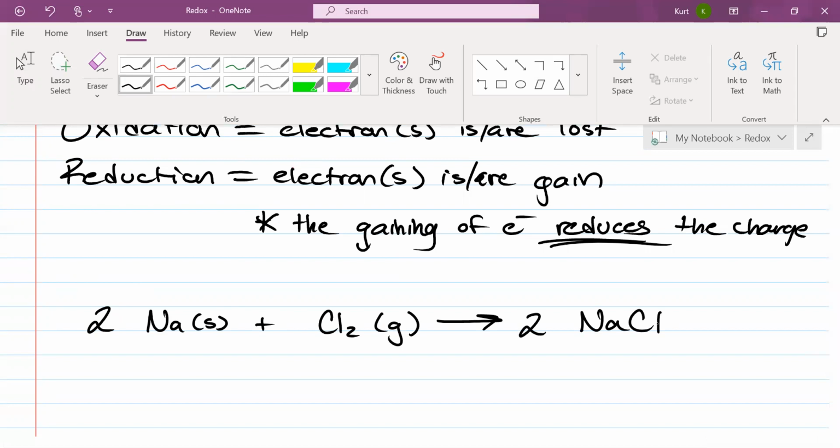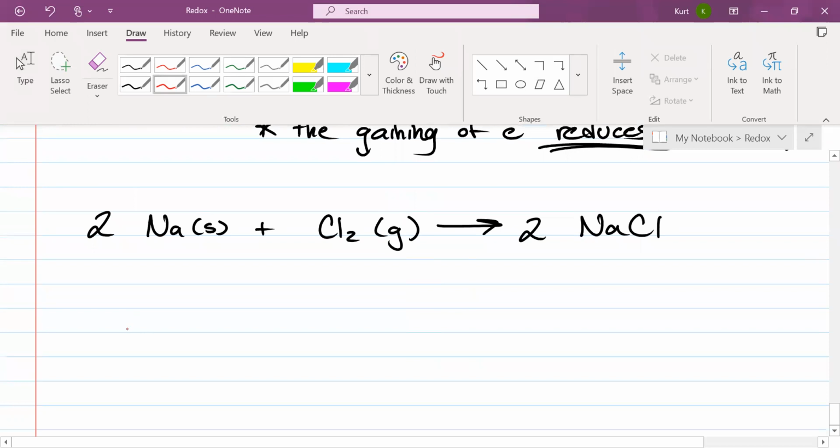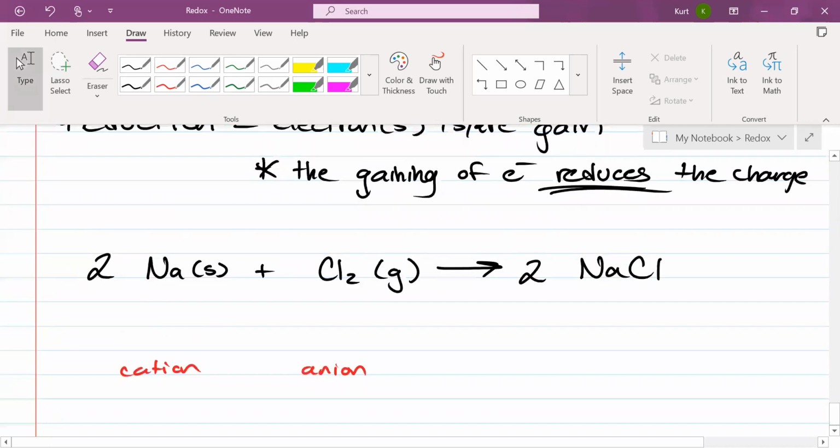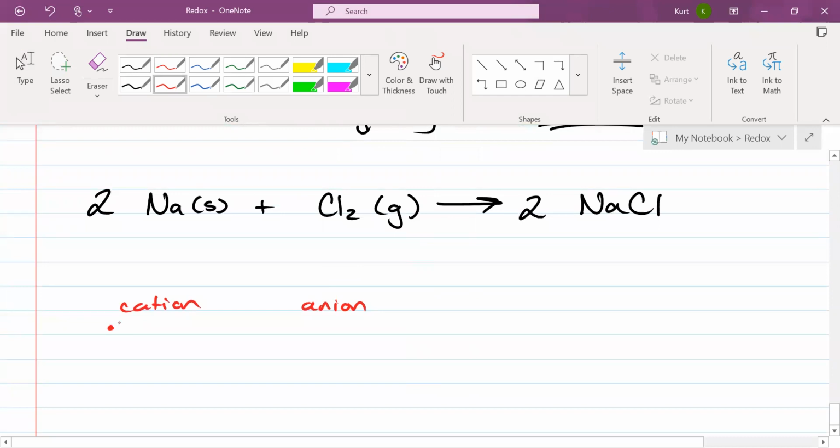Arshan? Sodium. Sodium is known as the cation. And chlorine would be the anion. Do the cations always gain electrons or do they always lose electrons? They always lose the electrons. And anions always gain those electrons.